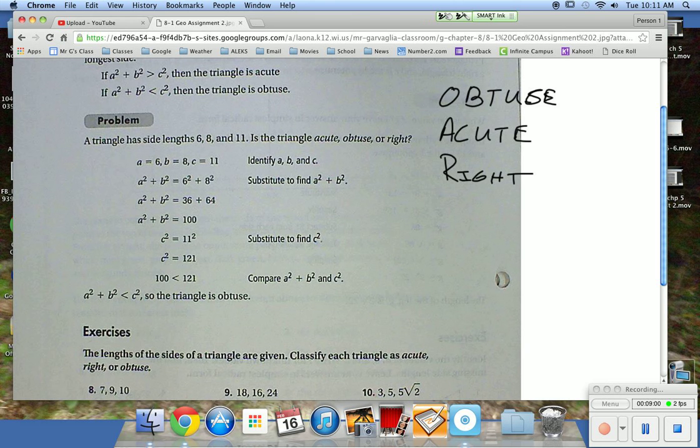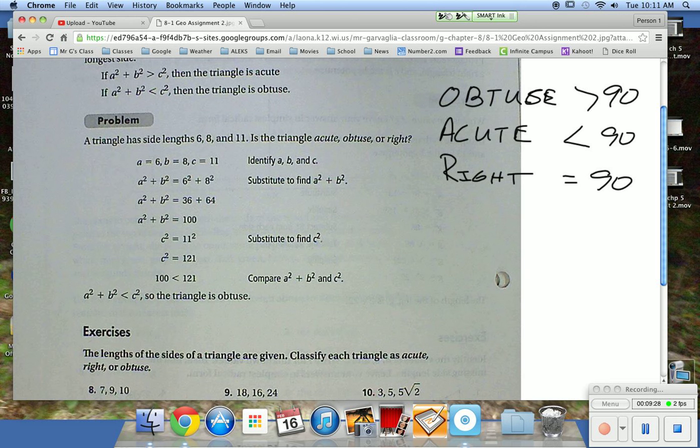Greater than 90. We have an angle on it that's greater than 90. What's an acute? Less than 90. Me, acute. Less than 90. Me, acute. Okay? So obtuse is greater than 90. Acute is less than 90. And a right equals 90.